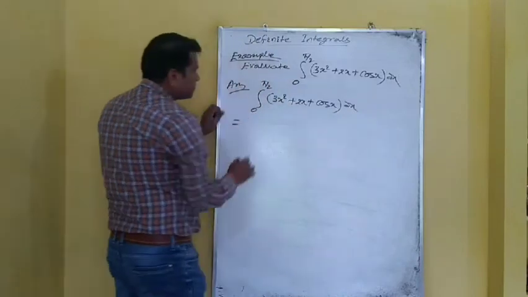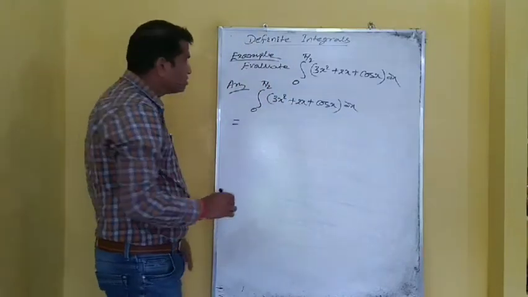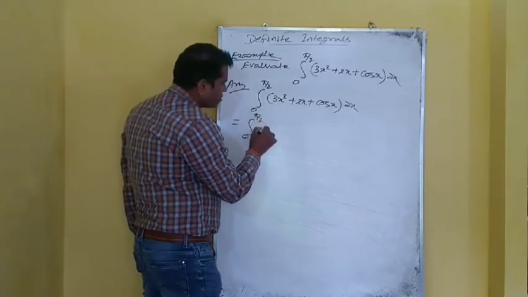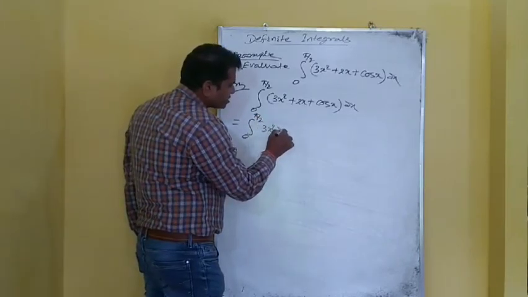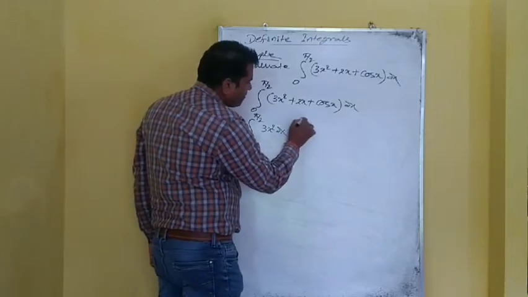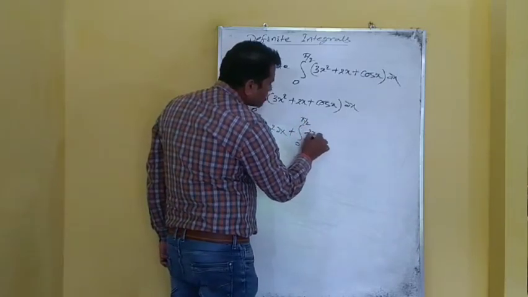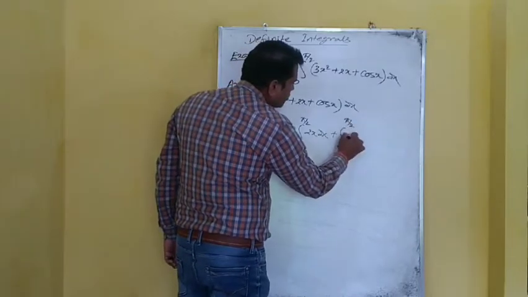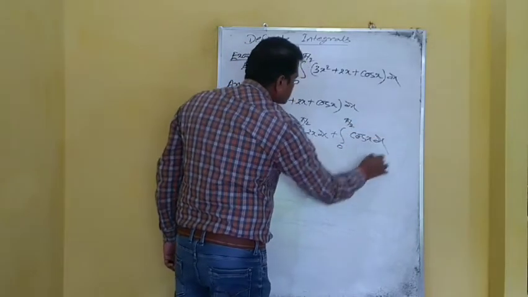Here there are three functions. Now we separate it: the integral from 0 to pi by 2 of 3x square dx, plus the integral from 0 to pi by 2 of 2x dx, plus the integral from 0 to pi by 2 of cos x dx.